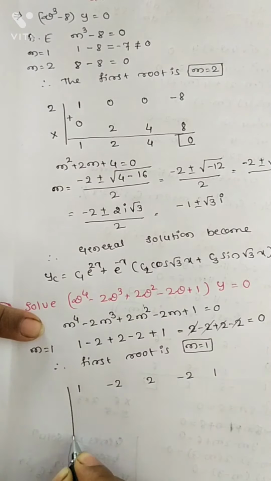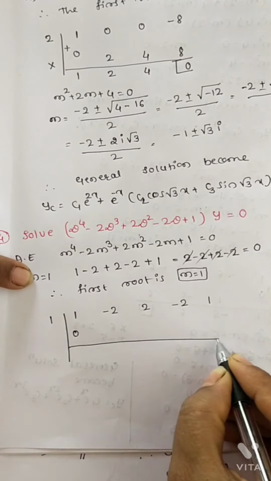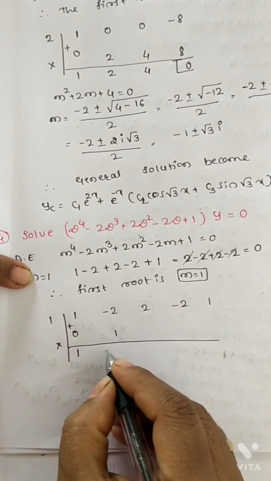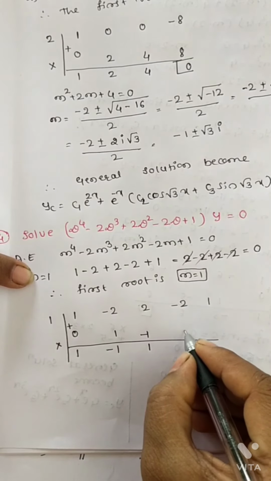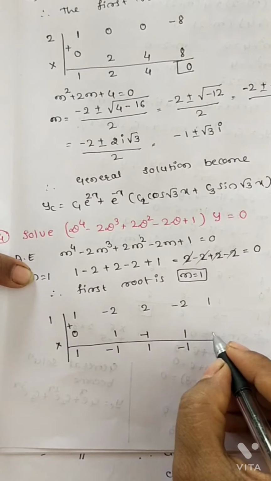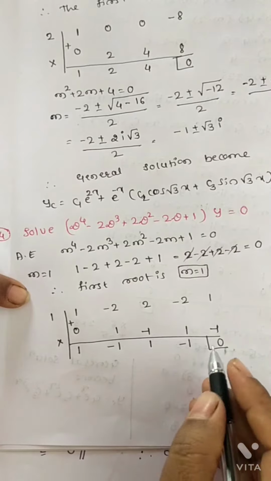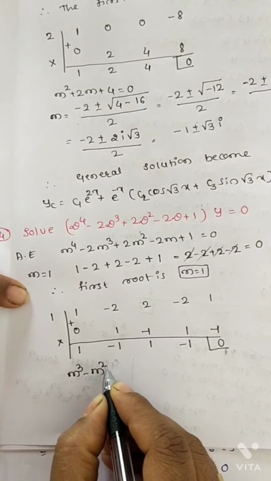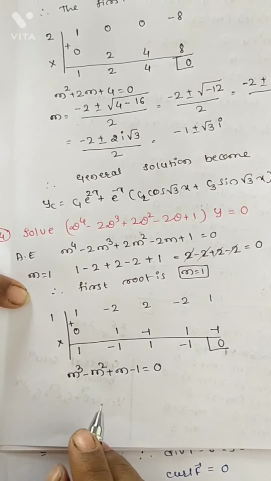And here the first root we write, and the first element we write 0. 1 into 1 is 1, minus 1, and here 1 into 1 is 1, minus 1 into 1 is minus 1, and here it becomes 0. Now it is reduced by one term. This becomes m cube minus m square plus m minus 1 is equal to 0. We got the cubic equation.